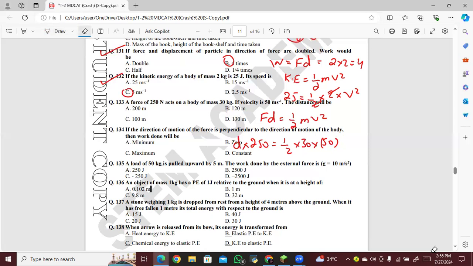You can take 50 twice to solve it without calculator. 50 5s are 250. 5 10s are 50. 2 5s are 10 and 5 30s are 150. So answer is 150. But there is no 150 here. You can take nearest option, that is D.